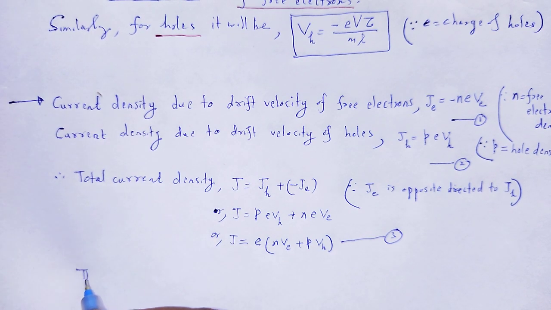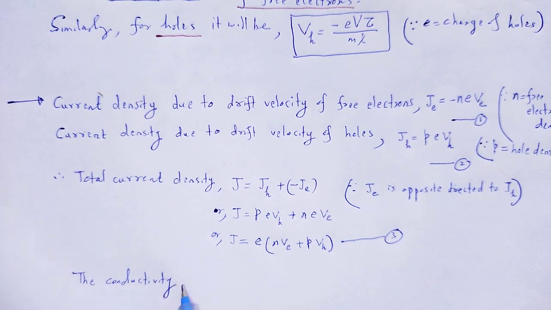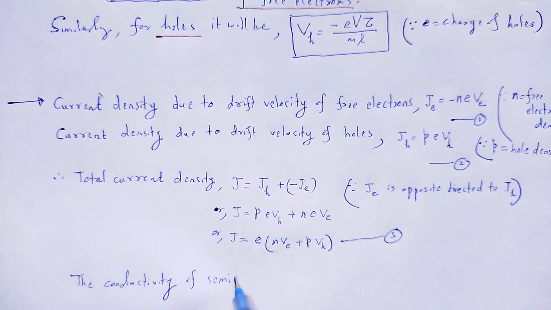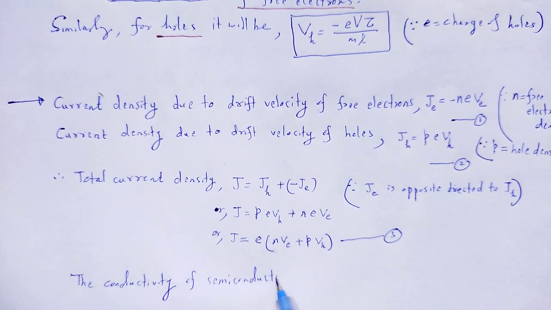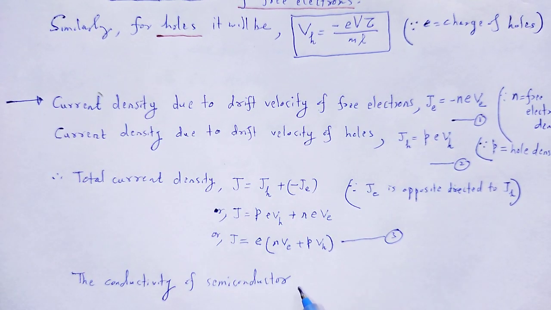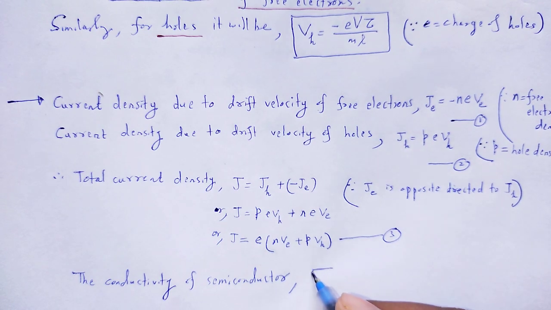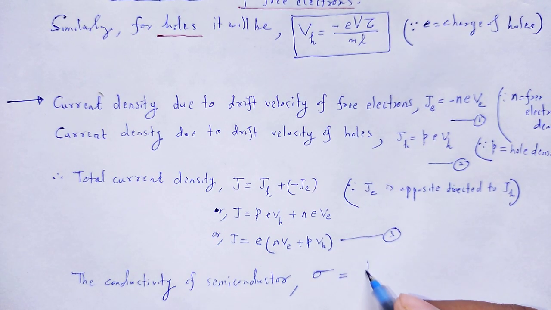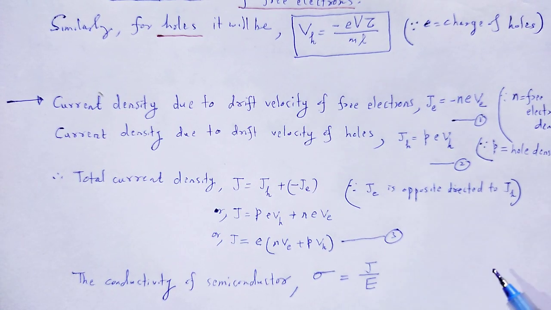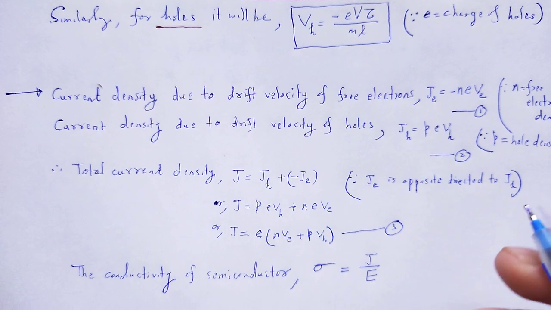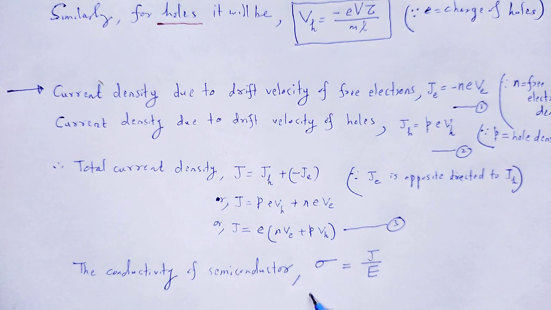Let us define the conductivity of a semiconductor. The conductivity of a semiconductor, sigma, is the ratio of current density to the applied external electric field, that is electrical conductivity.